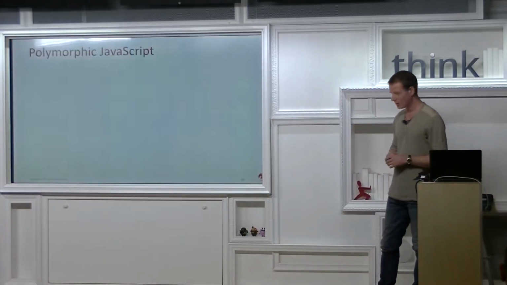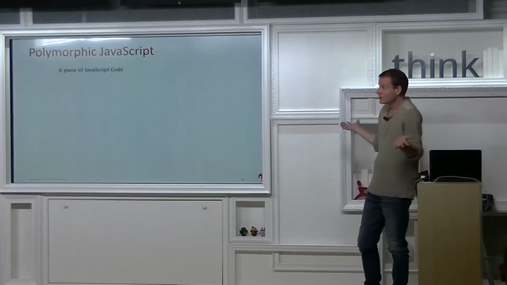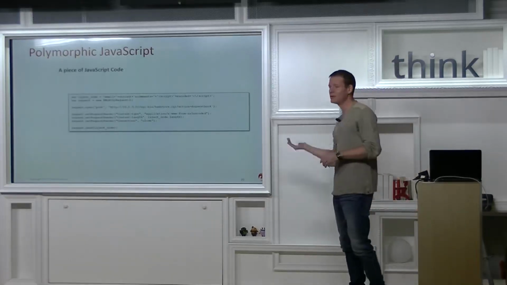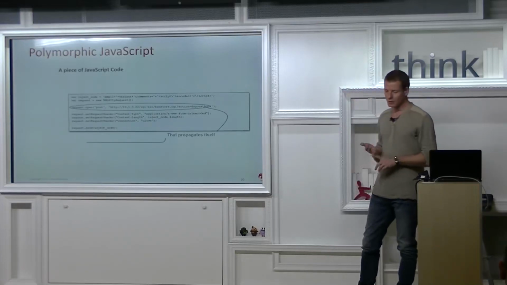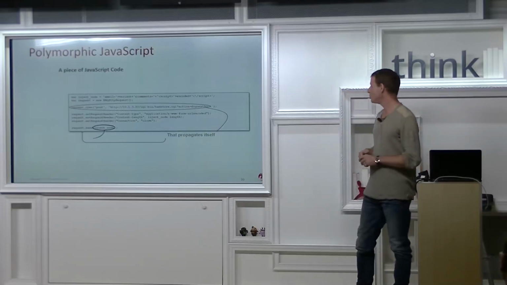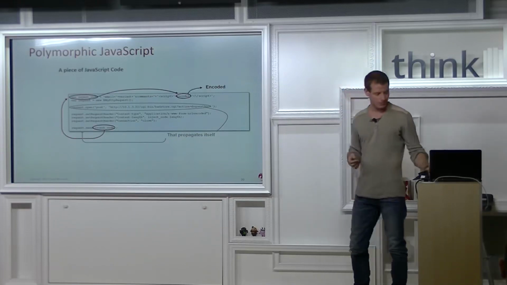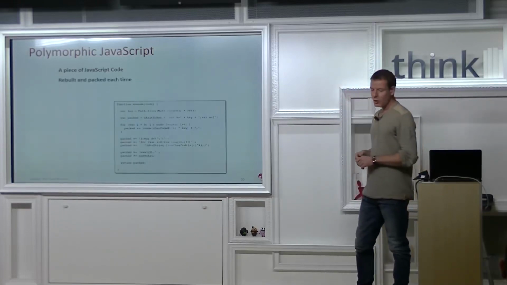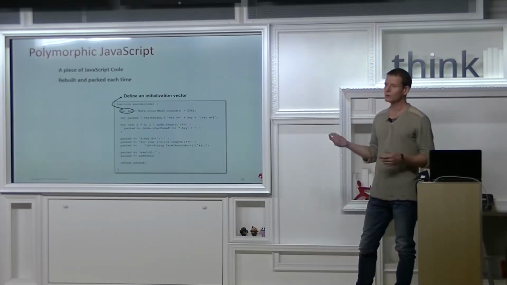So that's where we can use polymorphic code. Polymorphic code, we know that for years, but you can do that in JavaScript also. That's what's cool. So here, you've got this piece of code which is going to propagate itself and encode it. I don't even talk about encryption, it's just encoding. So each time the payload is going to be rebuilt, you define an IV.